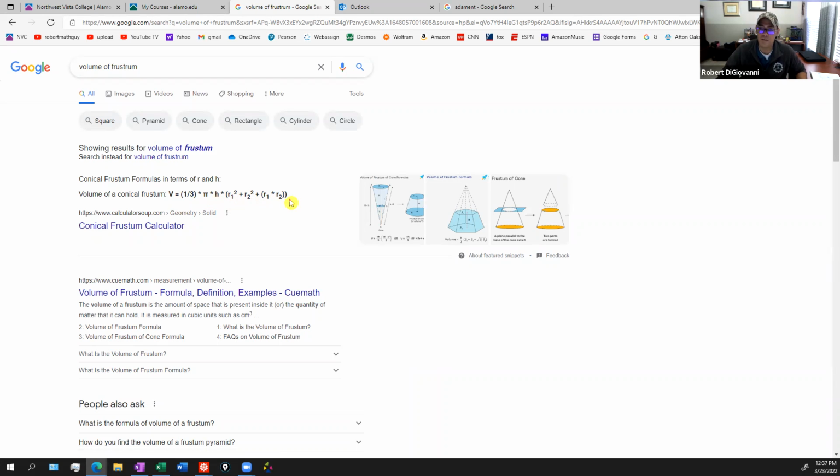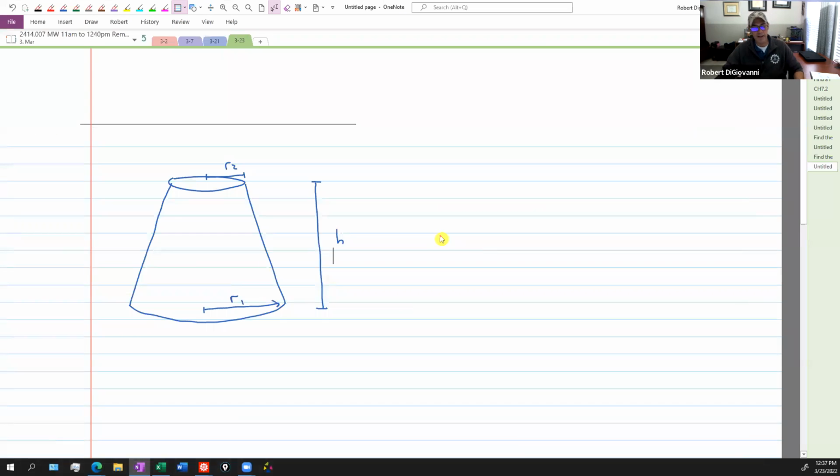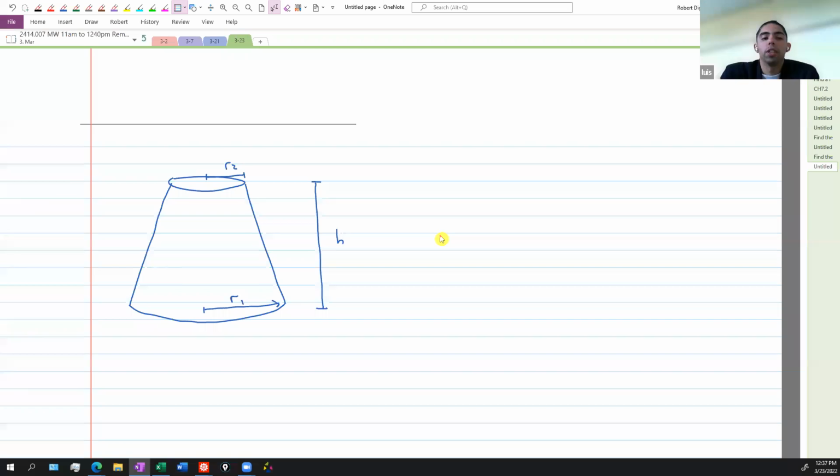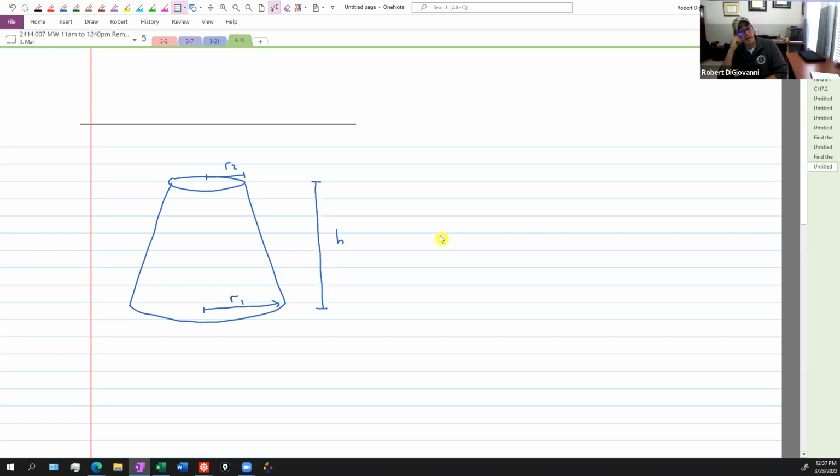What? How in the hell did they get this? Well, can anybody think of how in the world you would do that? Would you rotate it around an axis? Okay, so what is it that you're going to rotate?